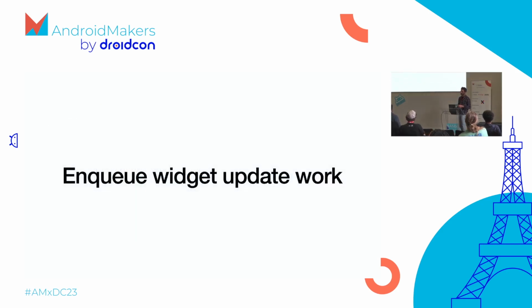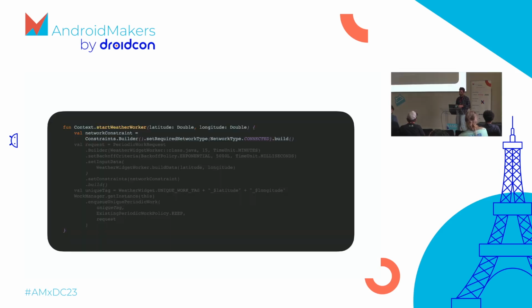And now I will show you how to enqueue the widget update work to automatically trigger and update the state of the widget. The worker itself is the same as the previous one that I was enqueuing for manual updates. So for one-time updates, this one will be just periodic.